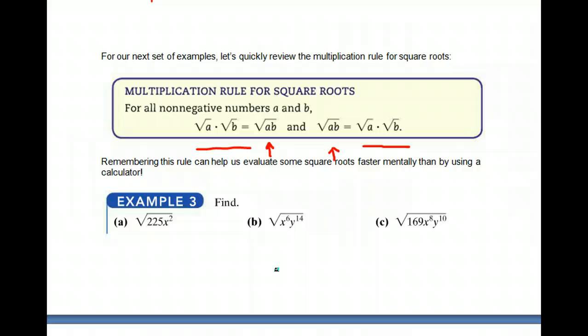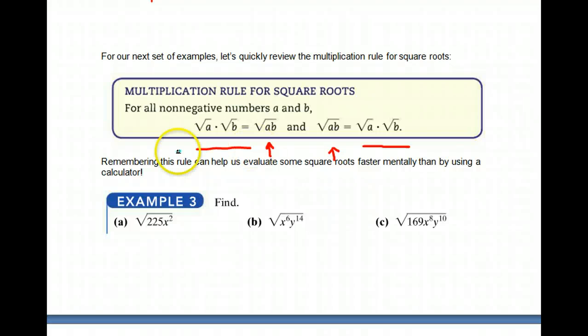So let's take a look at letter A. Now, if you guys made that chart that I asked you to make, this problem might be a little bit quicker for you, because you're going to see 225, and a little bell and whistle should be going off for you, because you're going to say, ooh, 225, that's a number in my chart that she told me to make, and the square root of 225 is 15.